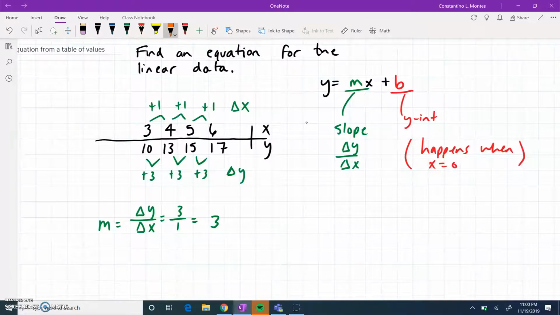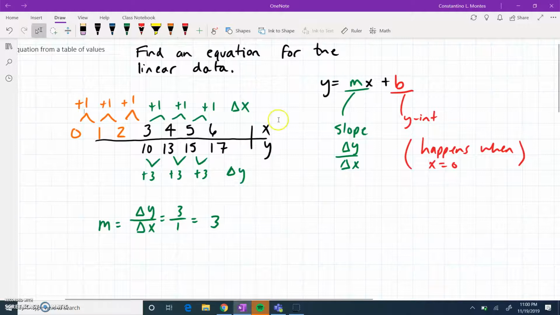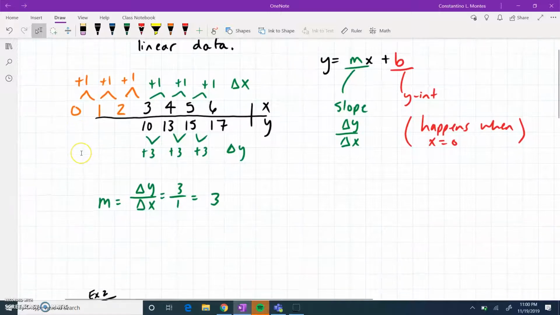Let's make that orange so we can distinguish the pieces that we had to add here. That would be 2. If I go backwards again, that would be 1. If I go backwards again, it gets me to 0. And I'm going to stop right there because I know x here is 0. So if I can identify the number that's across from it, that'll be my y-intercept.